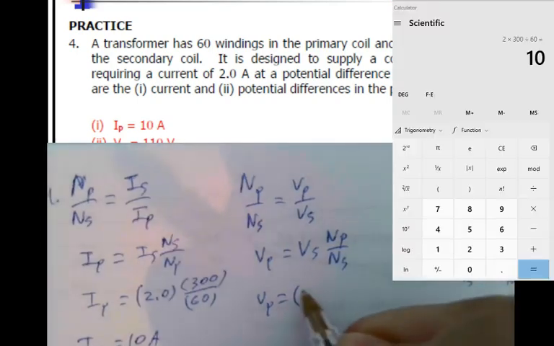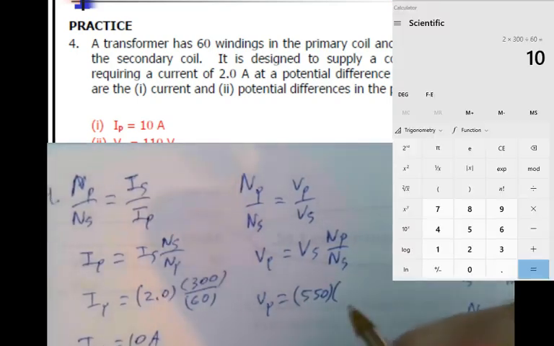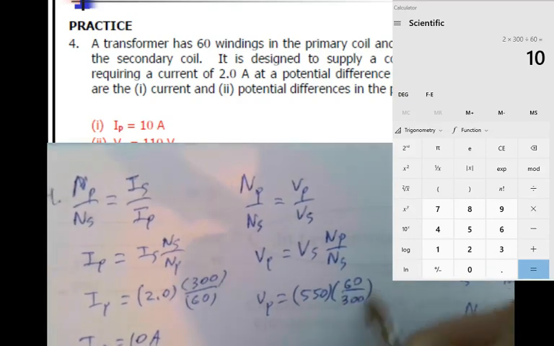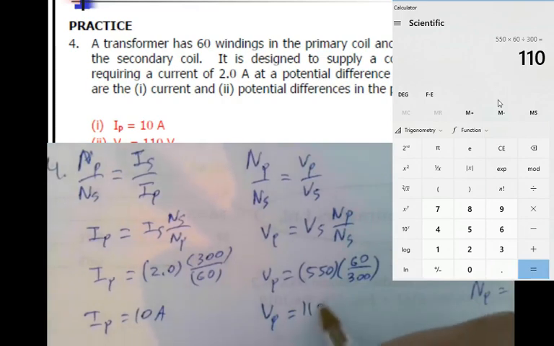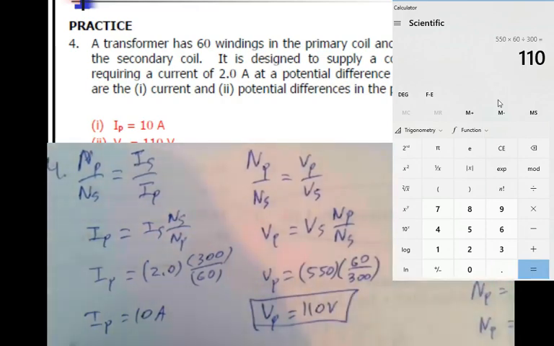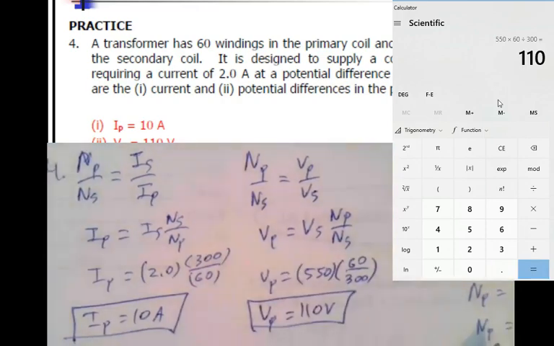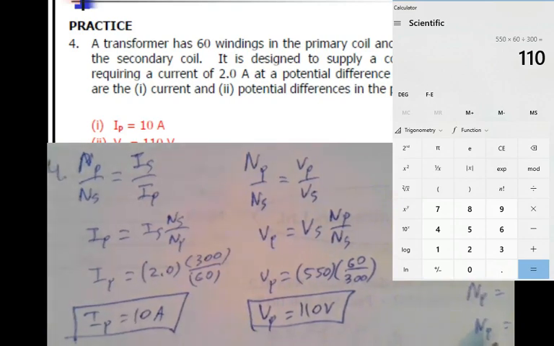Np is 60 over 300. So let's check the calculator here. 550 times 60 divided by 300. We have a voltage of 110. So those are our two questions there, solved.